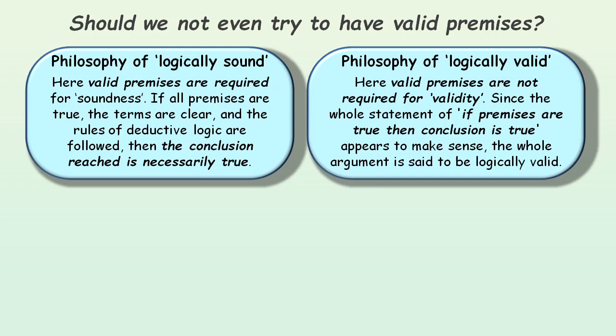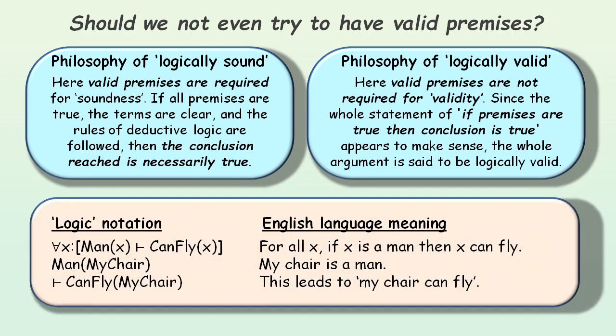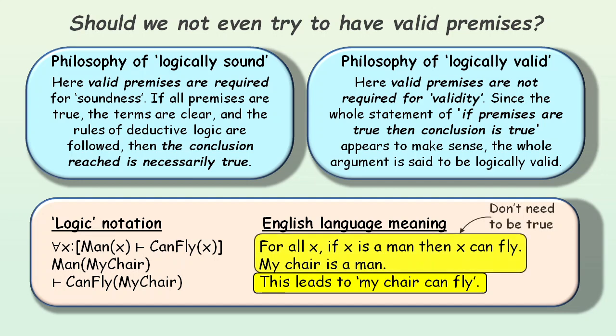So we could have the premise that a man can fly all by himself, and my chair is a man. And we can conclude from this that my chair can fly all by itself. This example shows how absurd it is to claim that a conclusion must be true even when the premises don't need to be true.